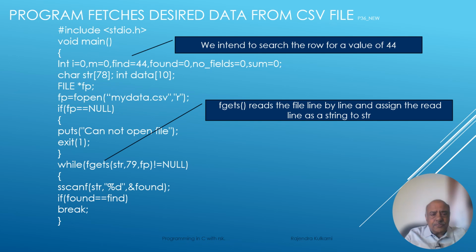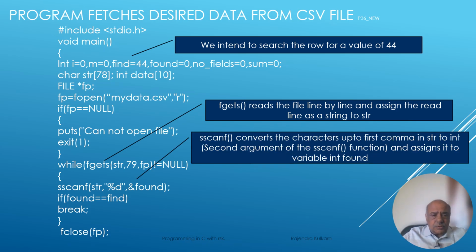When this if becomes true, the loop is broken by this break statement. So when we come out of this while loop, we close the file, and now what str contains is the entire row in the text form which starts with 44.